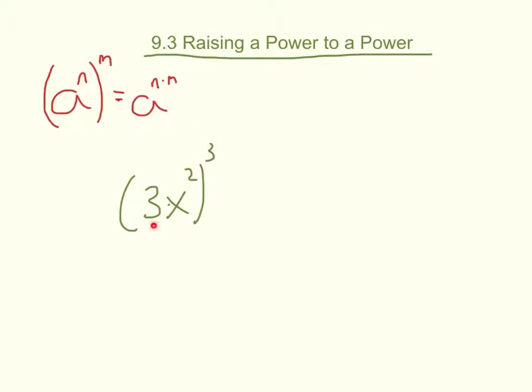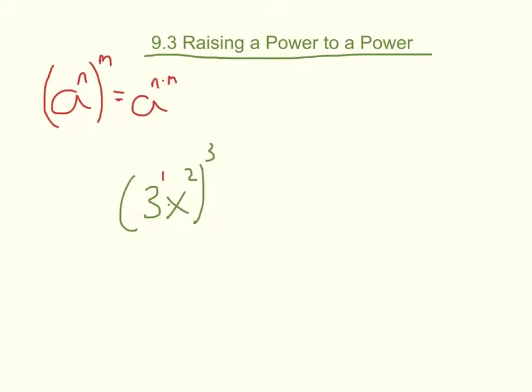And when I have coefficients, I've got to remember, this goes back to the exponent of 1 rule, that any number or variable always has an exponent. If it's not written, there's always a little 1 there, because anything to the first power is just itself. So this 1 is kind of understood.